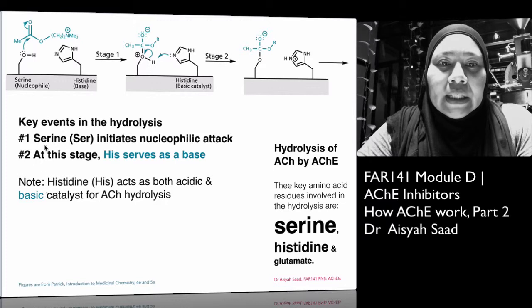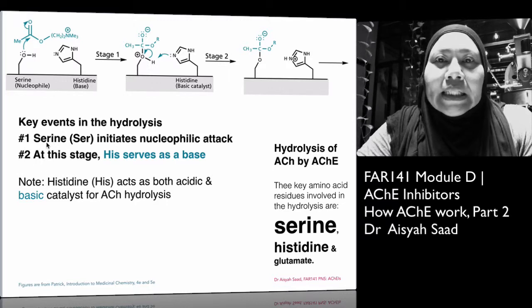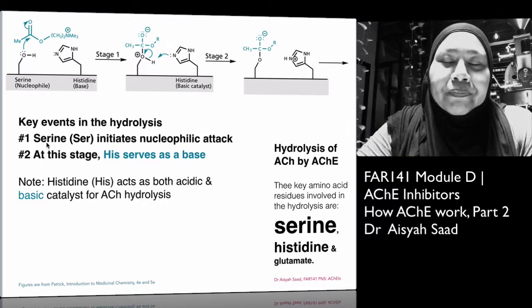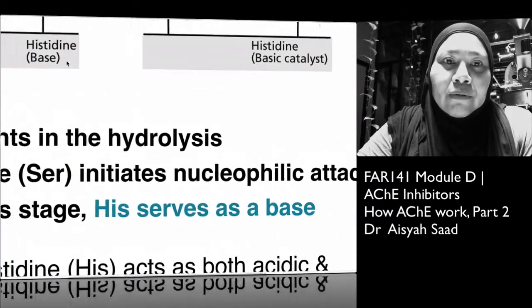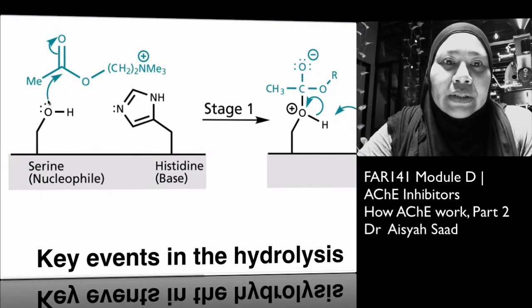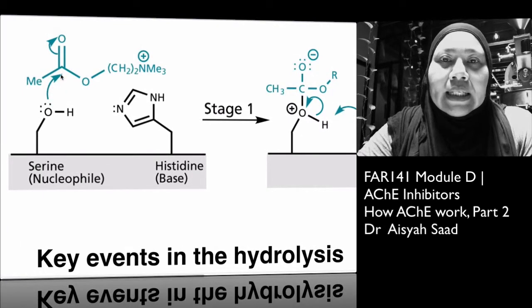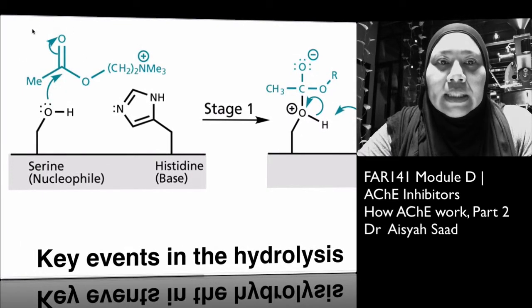As a first step, you see here, serine is a nucleophile having the OH group. The lone pair on the oxygen will act as a nucleophile, attacking the acetylcholine on this end.